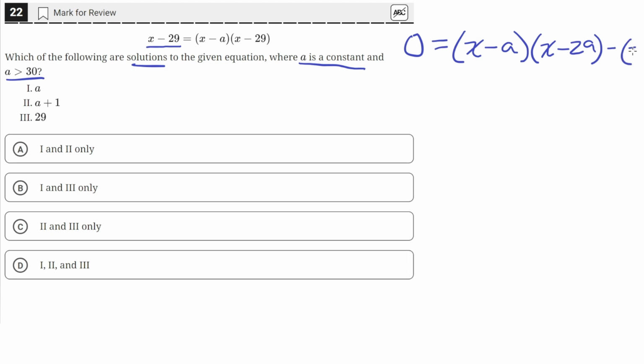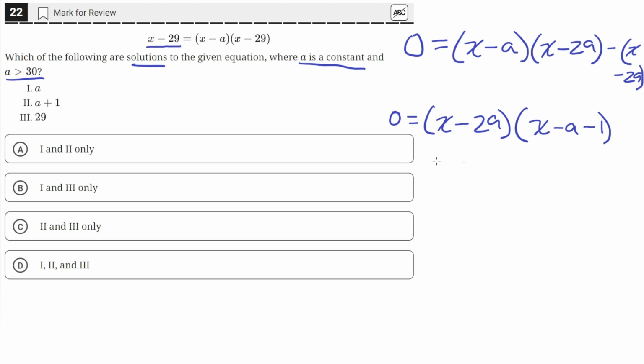minus (x minus 29). Okay, so the quantity x minus 29 is common to both, so we can just factor that out. We'll still have 0 on the left. We'll factor out this x minus 29 from both, and we'll multiply it with the x minus a, and then we'll just factor out a minus 1 from the second term.